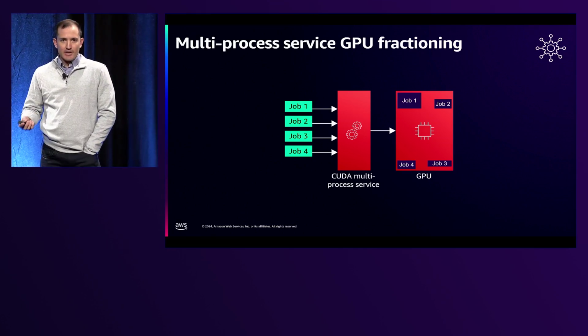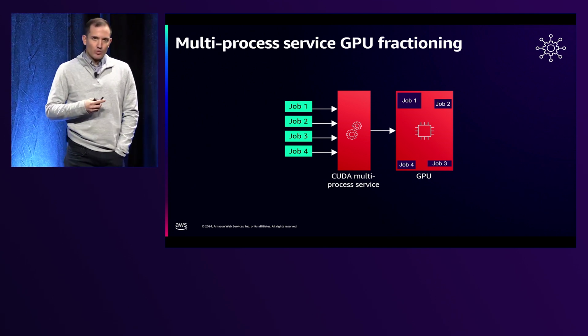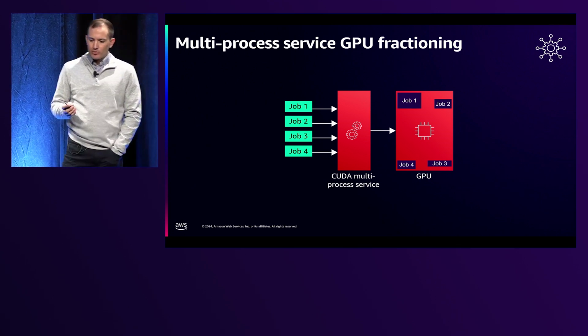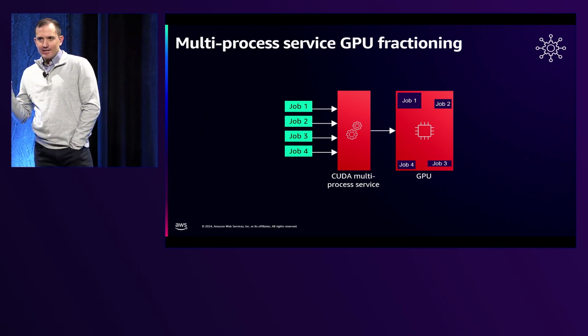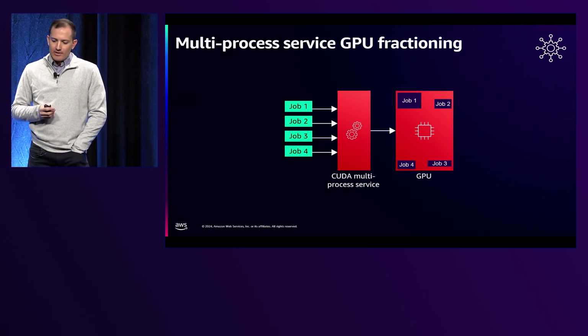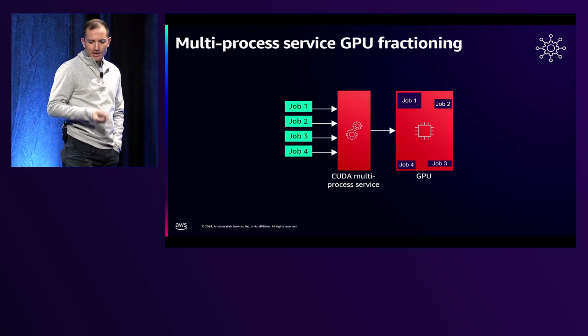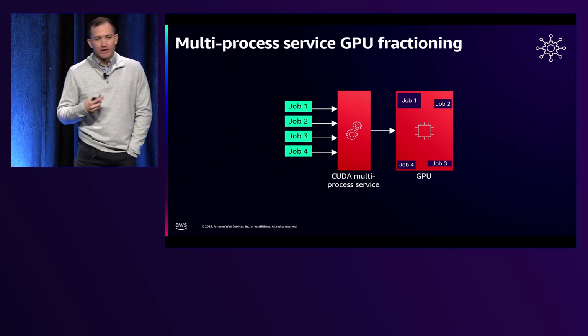So it's another way to take advantage of it for applications where you don't need that dedicated performance or physical isolation, but it allows for better overall GPU utilization by concurrently running multiple tasks on the same hardware.